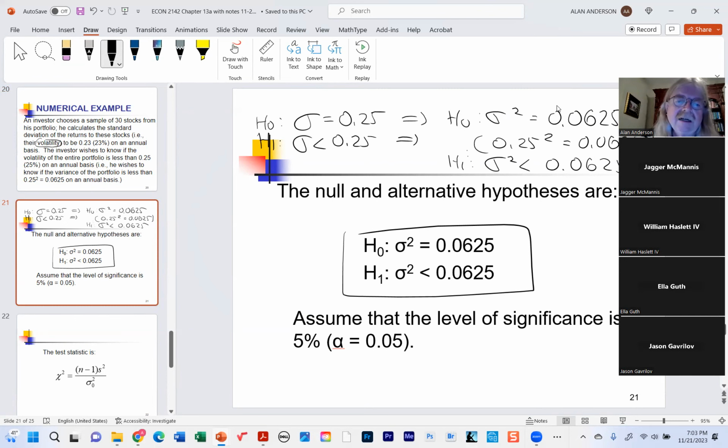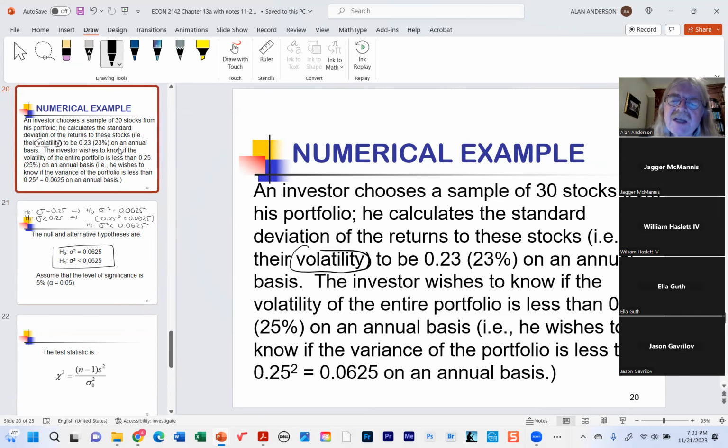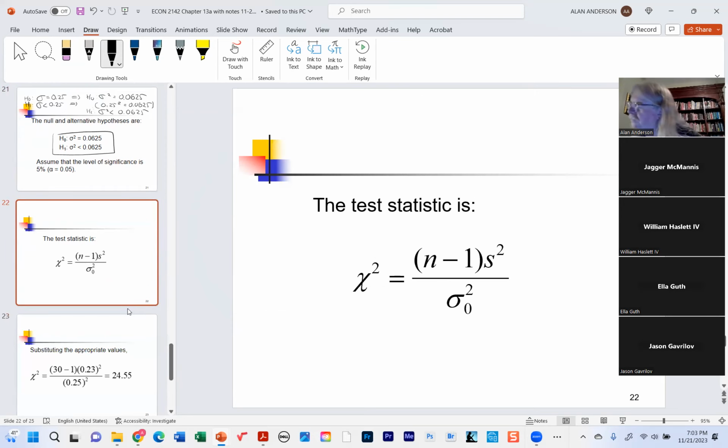By the way, I kind of glossed over this. He did take a sample of 30 stocks, and he discovered that the sample standard deviation is 0.23. Okay, that's all we need to know to figure out this test statistic. So let's plug in those numbers, keeping in mind that the hypothesized variance is 0.0625 that we found earlier.